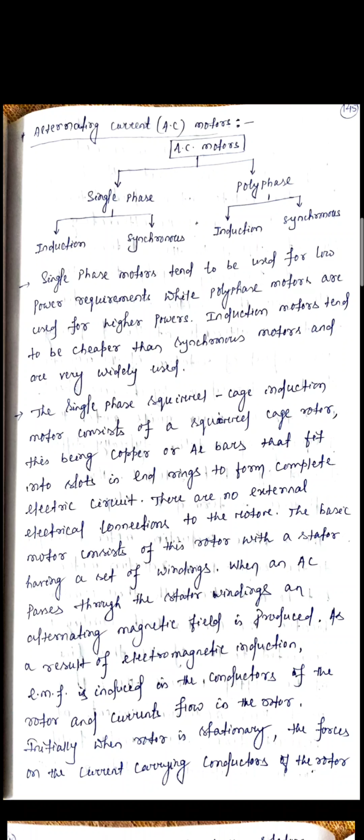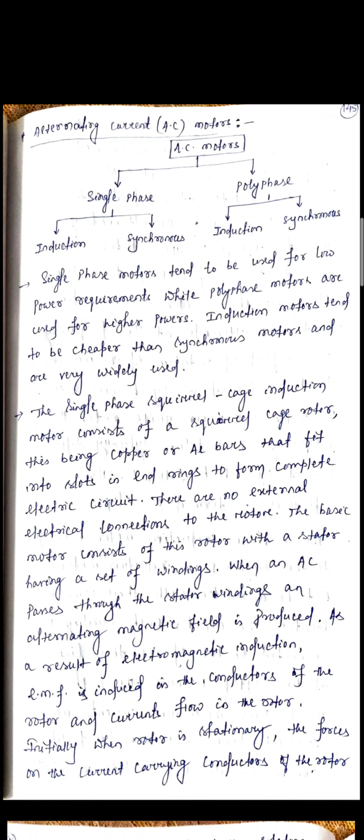Ultimately one can say an AC motor is an induction type single phase AC motor or a synchronous type single phase AC motor. If you go to multi phase, suppose you are using three phase, it can be an induction type three phase AC motor or a synchronous type three phase AC motor.